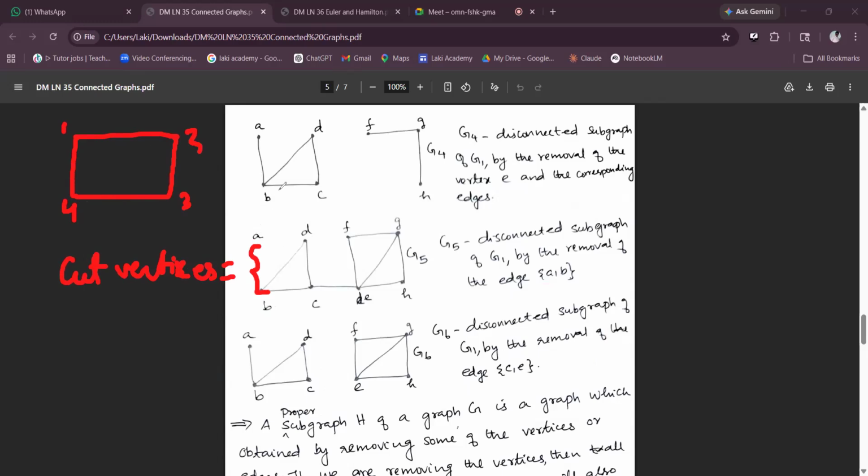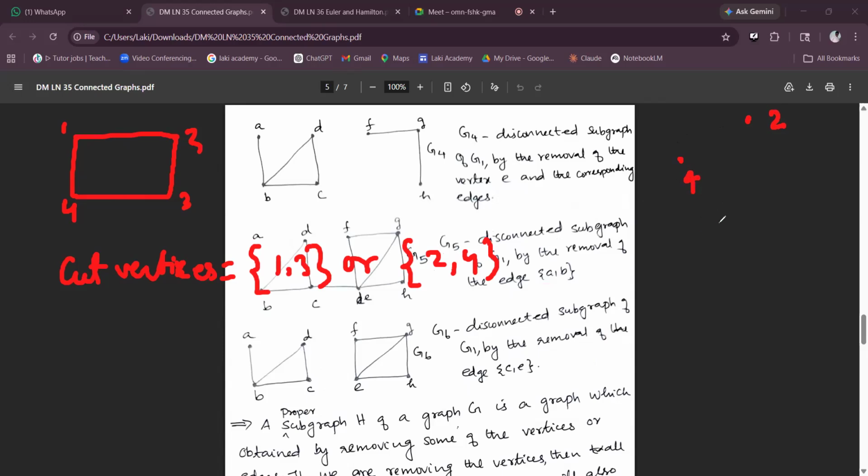If we cut one, the others are still connected. So you have to remove one pair, 1 3 or 2 4. The graph becomes disconnected because when you remove 1 3, you will get two graphs and both are isolated.